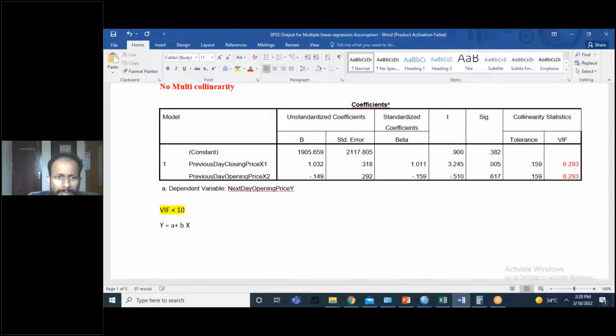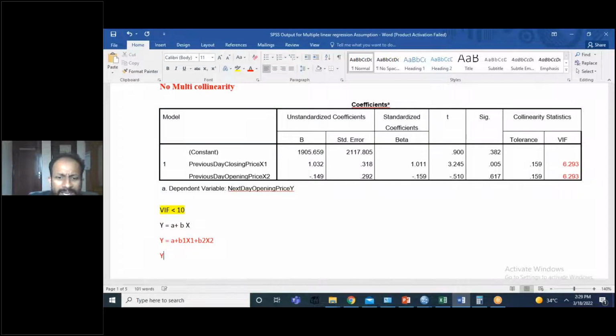When it comes to multiple linear regression, we will be writing y equals a plus b1 x1 plus b2 x2. Here b1, b2 are coefficients. In fact, this closely resembles the table that we have got. So what is the y here?